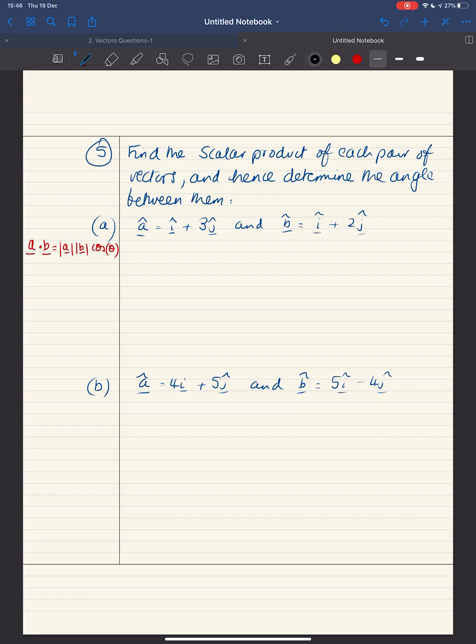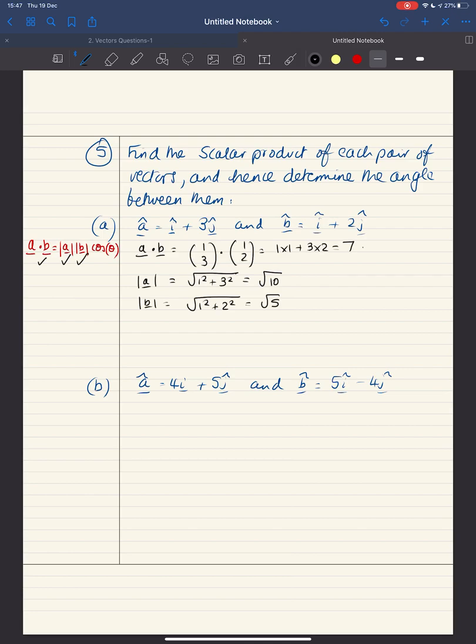So we need A dot B: (1, 3) dotted with (1, 2) is 1 times 1 plus 3 times 2, which is 7. So we've got that bit. The size of A is the square root of 1 squared plus 3 squared, root 10. The size of B is the square root of 1 squared plus 2 squared, which is root 5.